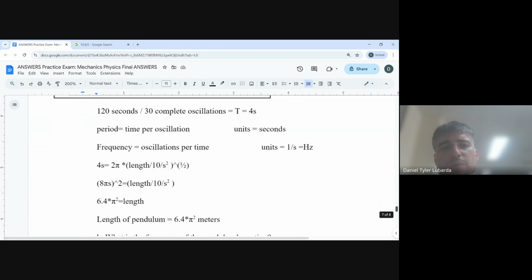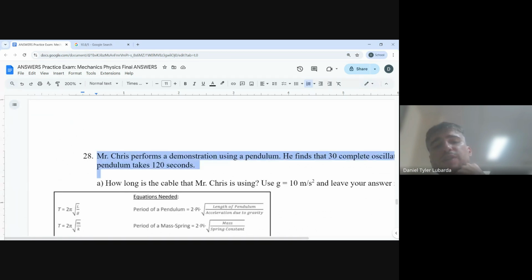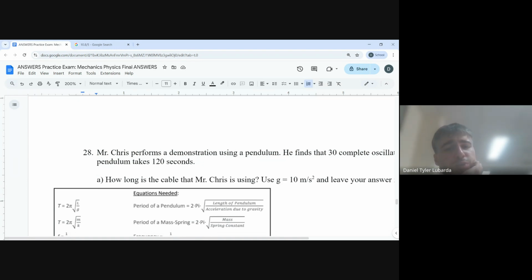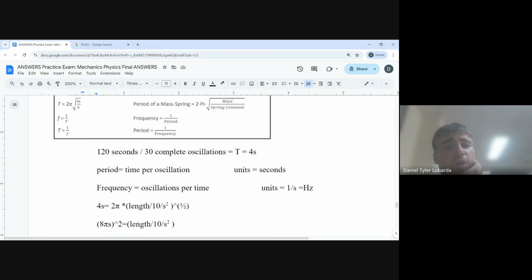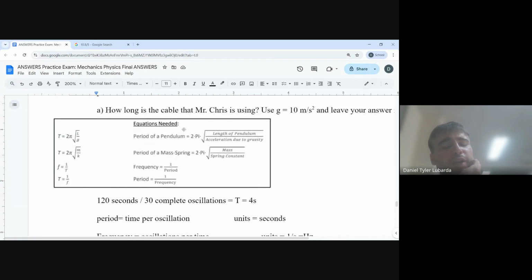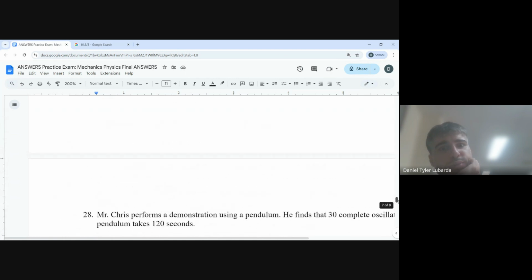Things that I'd recommend studying. I know we did not get a lot of time to do the pendulum questions. I don't think it's too difficult, but maybe do some more practice with these problems. Make sure you know how to use the simple harmonic motion equations.